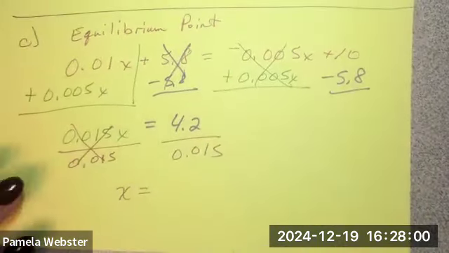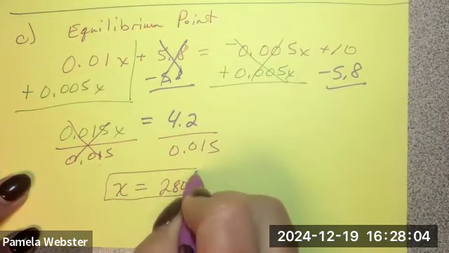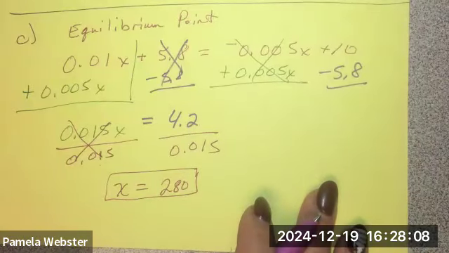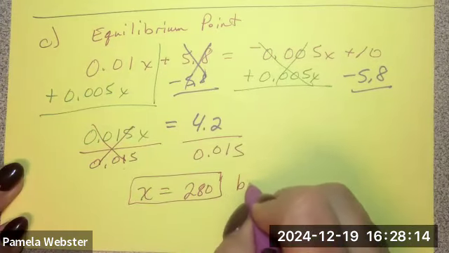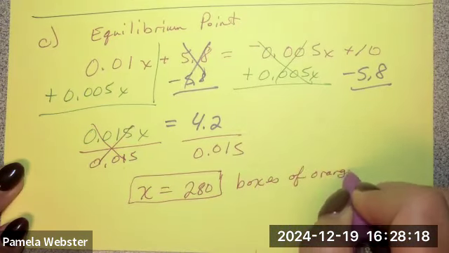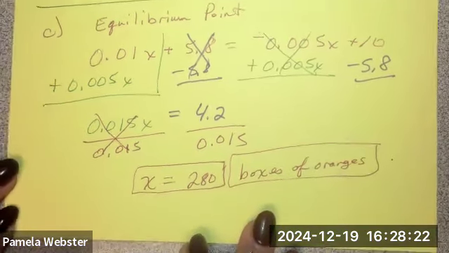So if you need to push pause, I'm sorry, I'm trying to get this done real quickly. Make sure you can do that calculator work on your own. But basically, what is this saying? 280,000 boxes of oranges. That's where we're going to be at an equilibrium point.